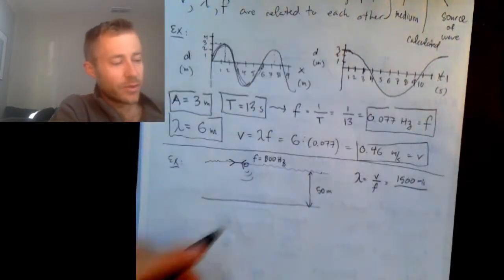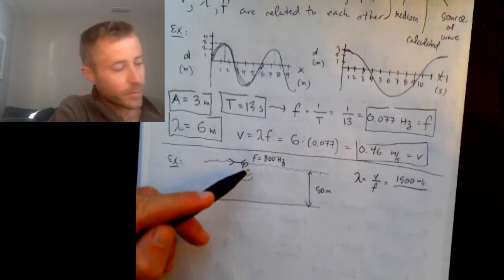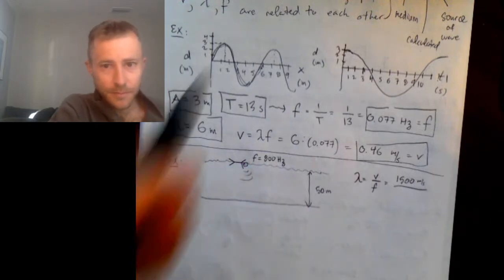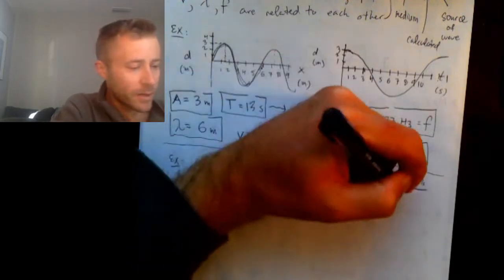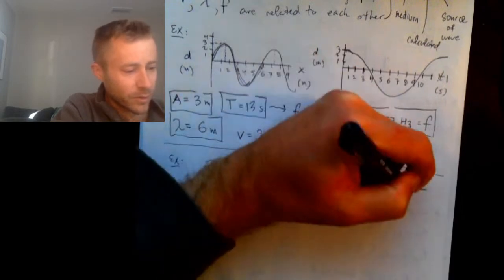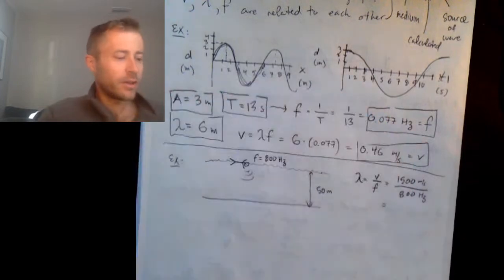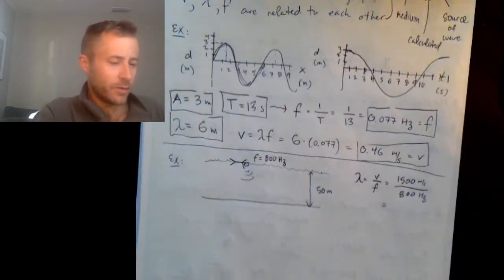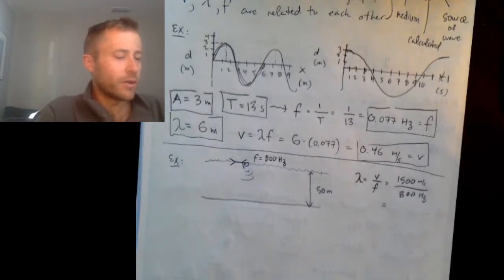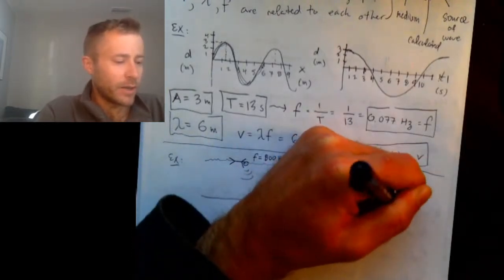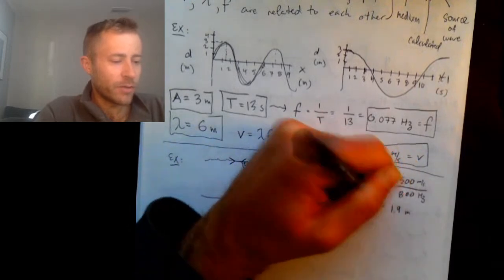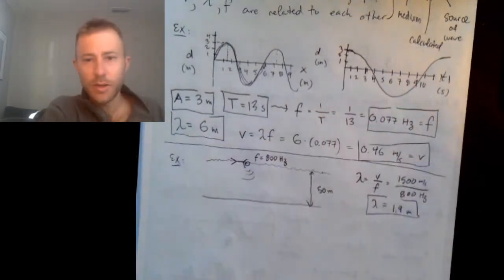And then the frequency is determined by the source, which is you. Okay, so 800 hertz. And so doing the division, 1500 divided by 800 gives about 1.9 meters as the wavelength. So that's one thing we can calculate.